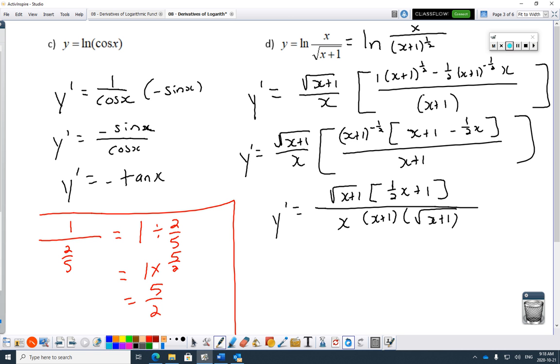Let me just highlight it so you can see where that came from. Sometimes when I do these, it's difficult to keep track of where everything went. That went to there. That went to there. Is it x plus 1 to the negative 1/2 down there? Okay, yep. And I can do a little better. The 1/2 and the negative 1/2, those go. And so I get this.